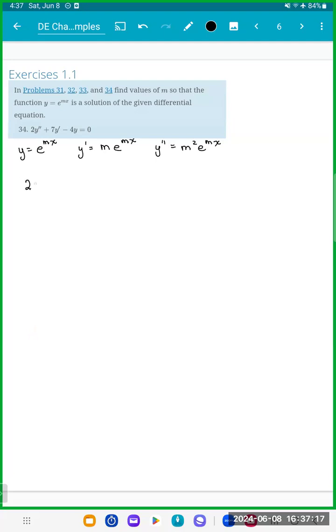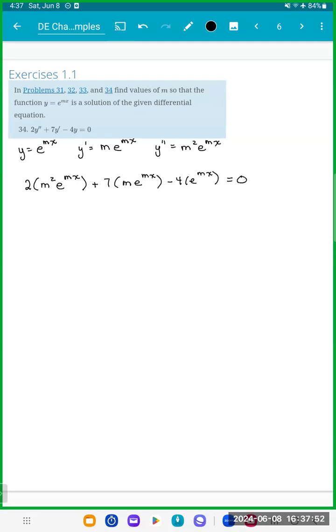So we have 2 times my second derivative, which was m squared e to the mx, plus 7 times my first derivative, which is m times e to the mx, minus 4 times y, which is just e to the mx. And that is equal to 0.